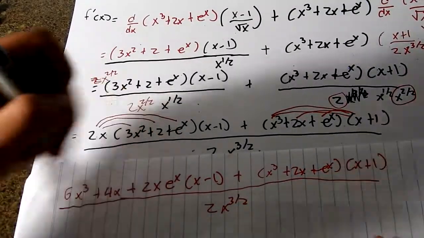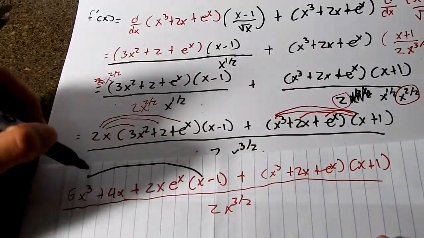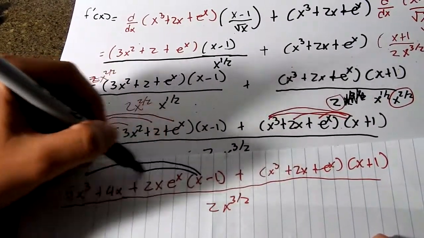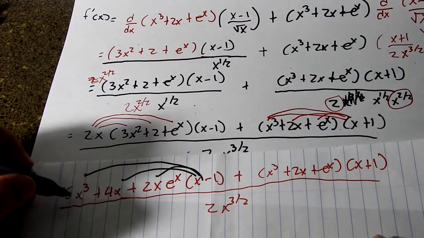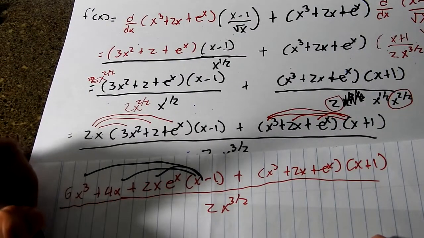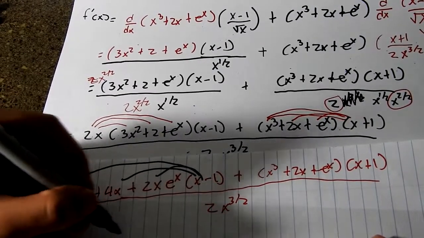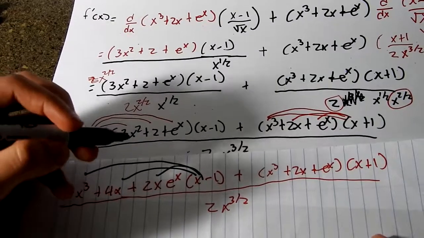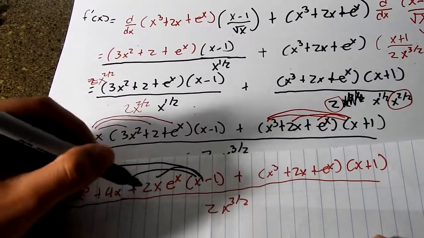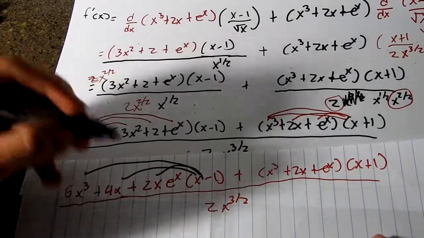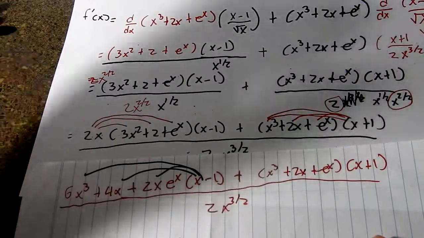So now we're going to multiply this x minus 1 with this. So we're going to have 6x3 times x, we're going to have 6x to the 4th plus 4x squared plus then 2x e to the x times x is going to be plus 2x squared e to the x.